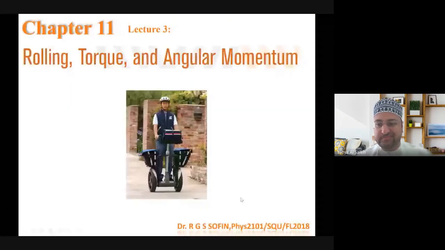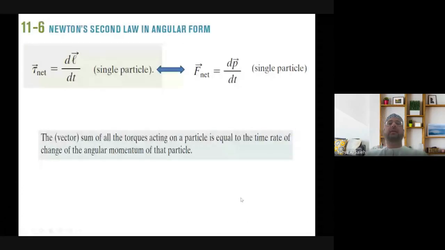Bismillah. Okay, continuing from where we were in the previous lecture, we ended up speaking about angular momentum and torque. If you remember in chapter 9, when we discussed impulse and then momentum, we said the rate of change of momentum, how quickly momentum changes, is our force.